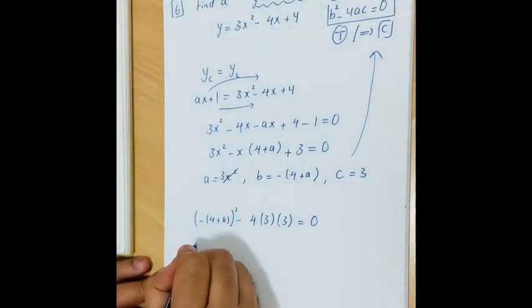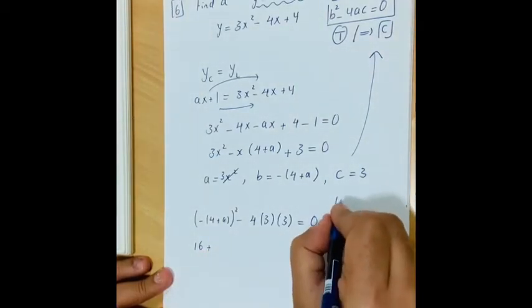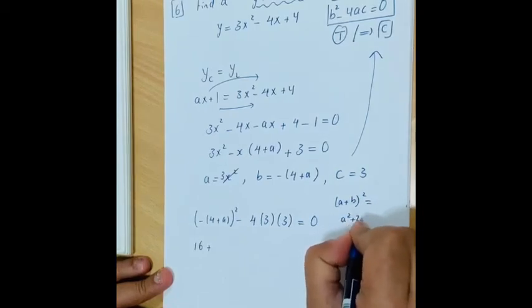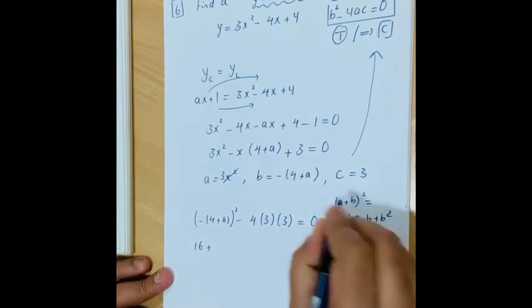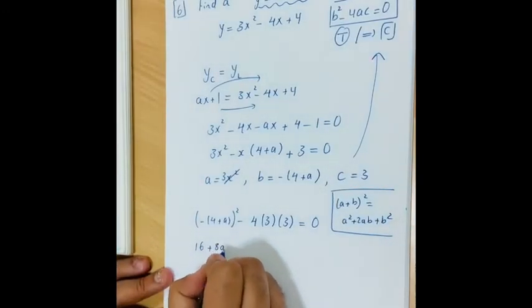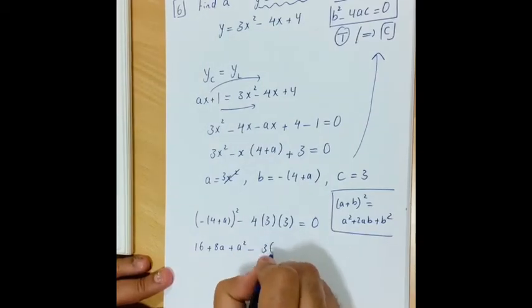Then you have 16 plus, remember the rule for the perfect square expansion, a plus b squared: a squared plus 2ab plus b squared. 16 plus 8a plus a squared, minus 12 times 3 is 36.